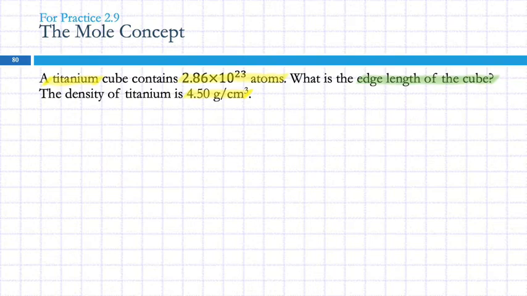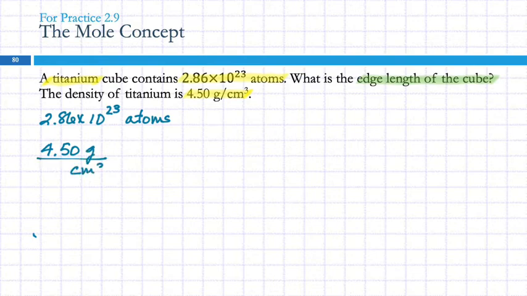Some problems can be done with just dimensional analysis. Other problems can be done with just an equation. And sometimes you have to do both. Remember the Antarctica problem? Yeah. This isn't going to be that messy. So they're telling me there's 2.86 times 10 to the 23rd atoms. And they're giving me this density, 4.50. That's a fraction, grams per cubic centimeter, grams over cubic centimeters.